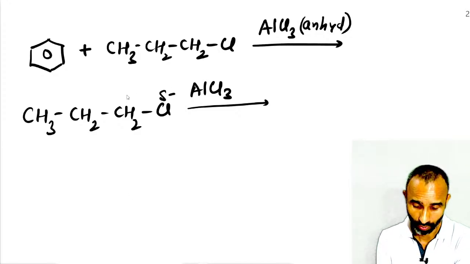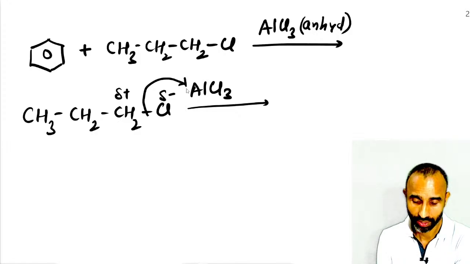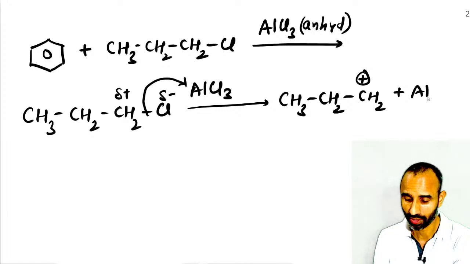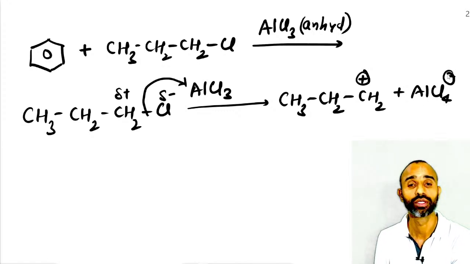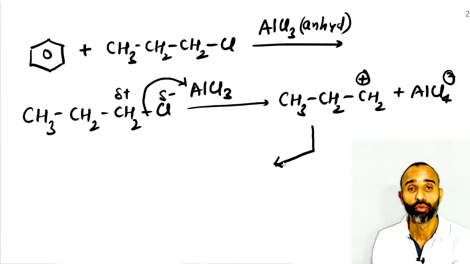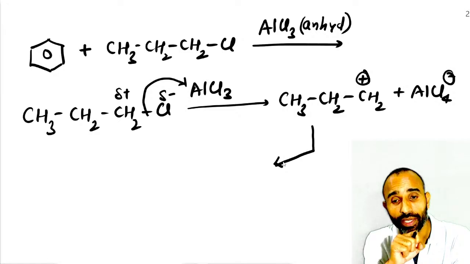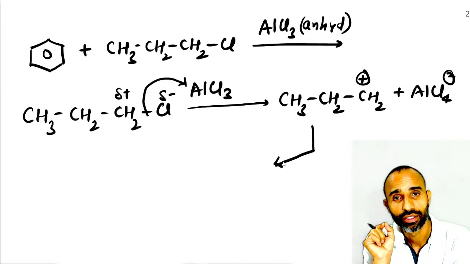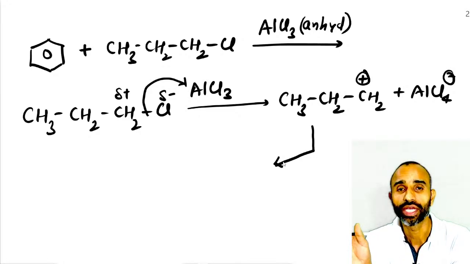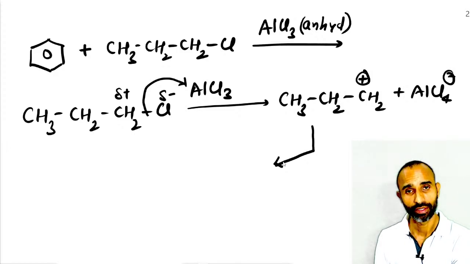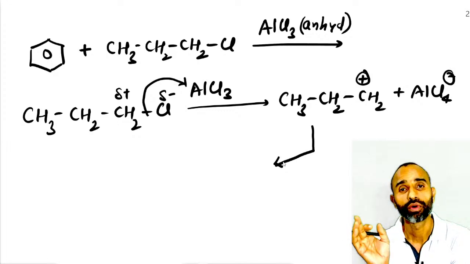So first of all, Cl negative ion is removed. Whenever the reaction involves the formation of a carbocation, we need to check for shifting. We need to form the most stable carbocation first, and then it will attack. But if it is a free radical reaction, then there is no rearrangement. Only in case of carbocation, we have to look for the most stable carbocation.